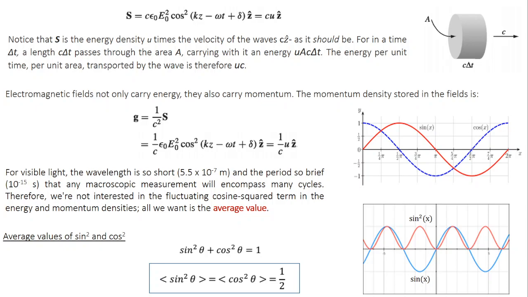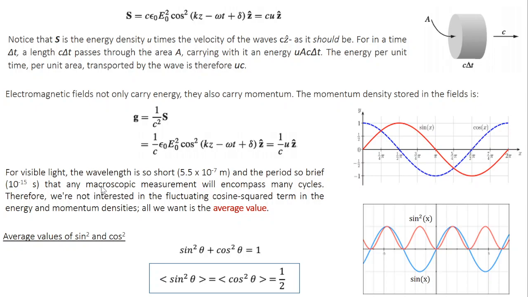So suppose you want to make a measurement of energy density or momentum density. Even if your measurement takes 1 second, within that 1 second so many wave cycles are going to get completed, because the duration of one complete cycle is so short. So in other words, when you make a measurement, you are making it over a large number of cycles.